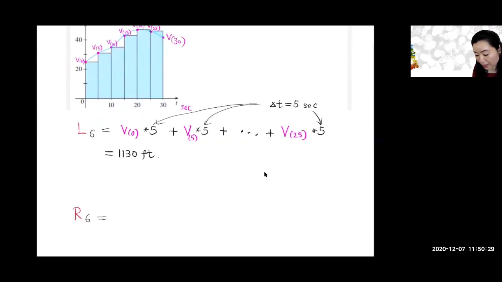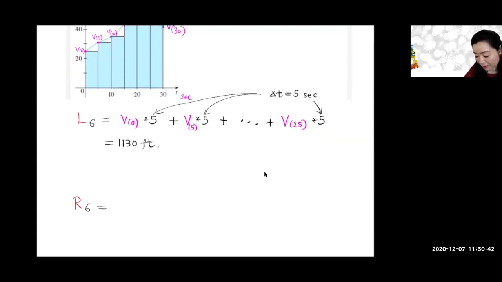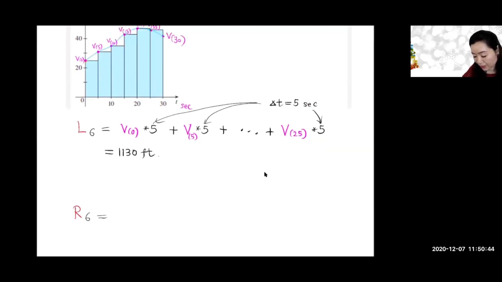Now you use the right endpoint. So you take the reading, the speed of the car at the end of each time interval, okay? So this time, the first time interval ended at 5 seconds. So we use V5 as the average velocity, and we times this by 5.